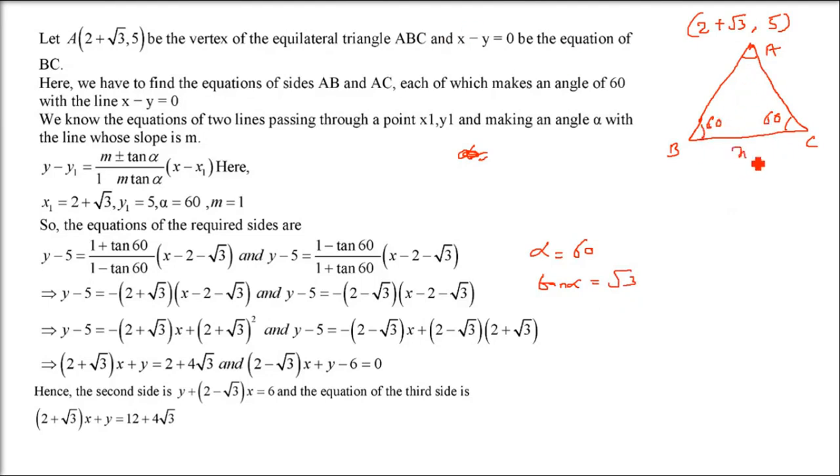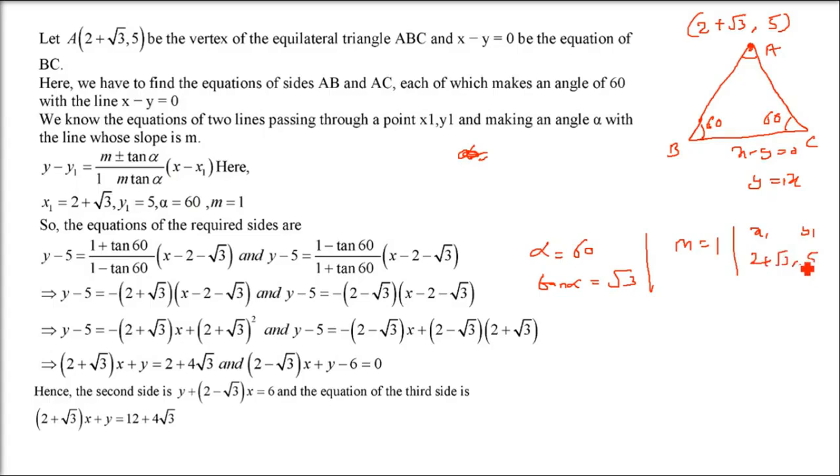So we have the equation of BC as x minus y equals 0, that means y equals x. So m is 1 here, the coefficient of x. So we have tan alpha, that is root 3, and m, and we have this x1, y1, which is 2 plus root 3 and 5.